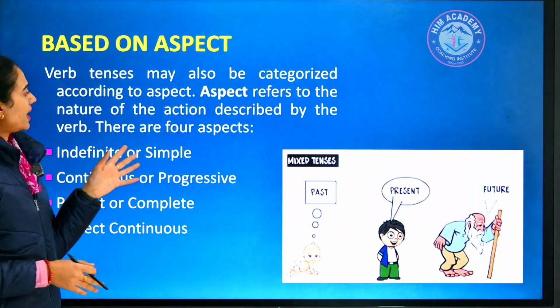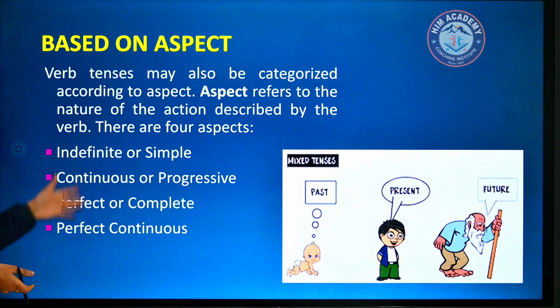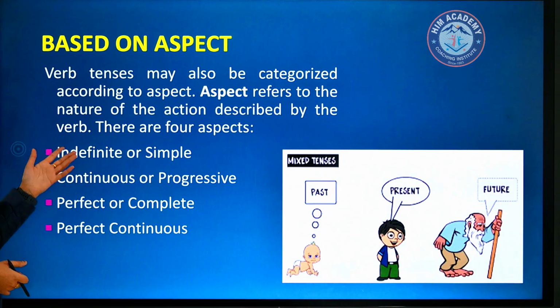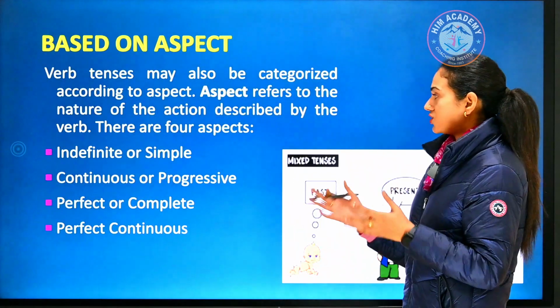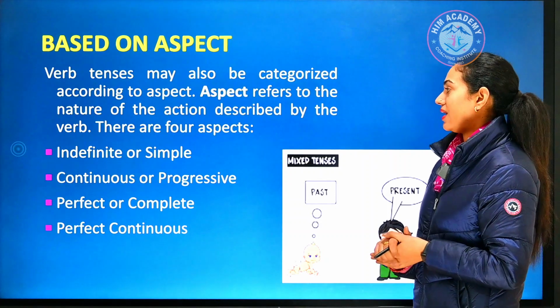Now, on the basis of aspect, we have four different tenses. Aspect refers to the nature of the action described by a verb.